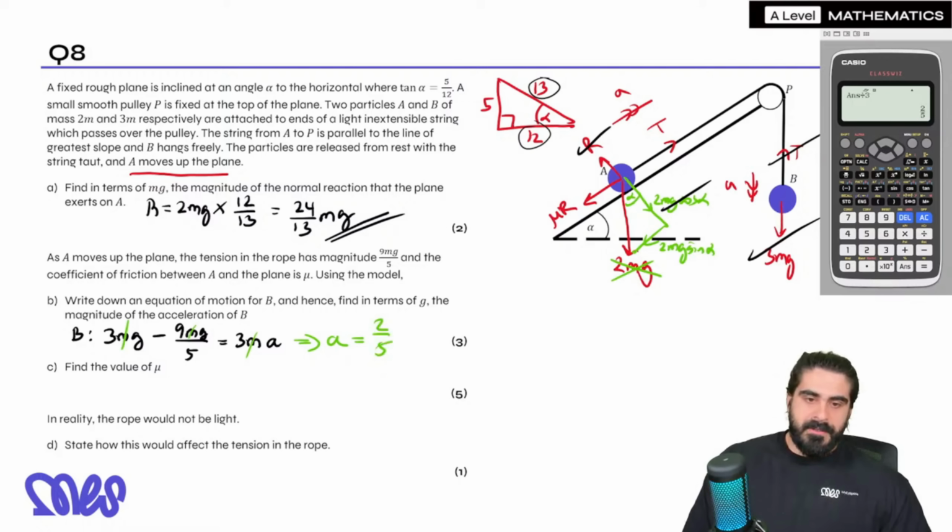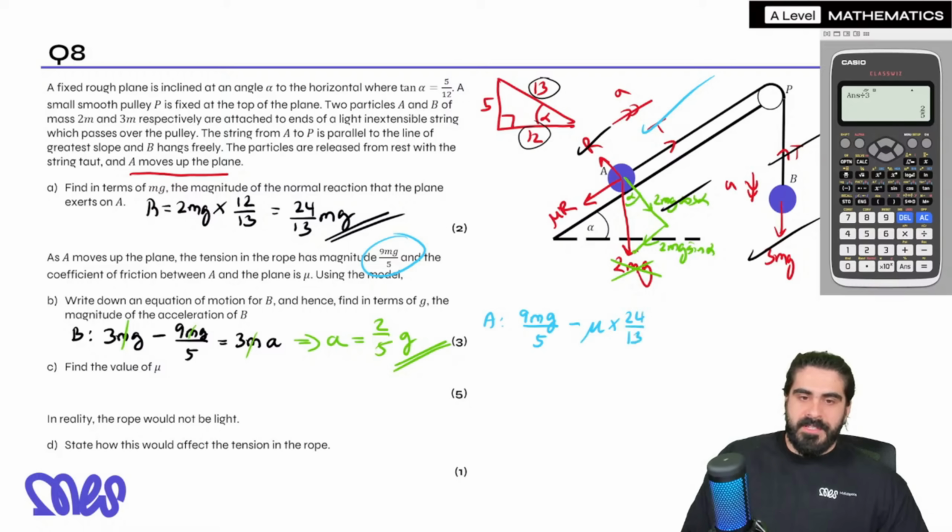Find the value of mu. Okay, so we just need to do the exact same thing, but for A, isn't it? So positive force is T, which is 9mg/5, minus mu R. R we worked out to be 24/13 mg.